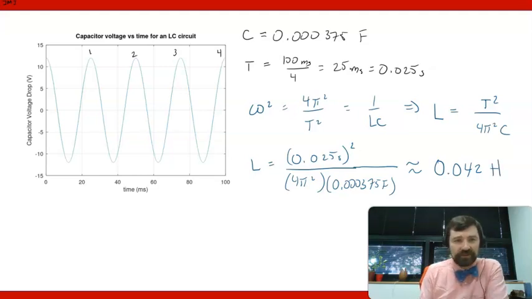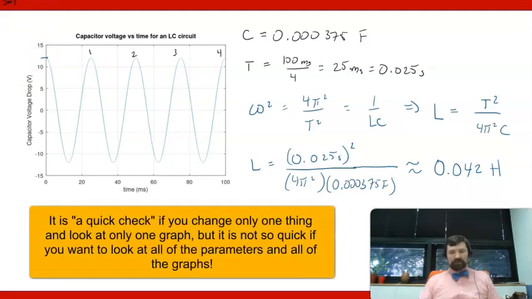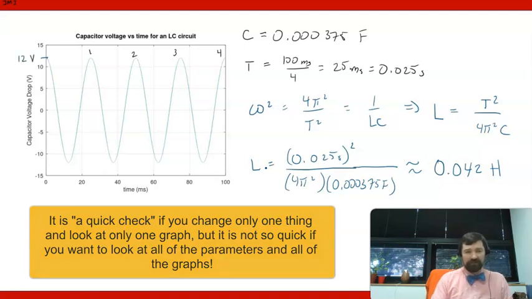Other thing that you can get off of this, by the way, is the initial value, which seems to be about 12 volts, initial value for voltage. And as a quick check of everything else here, this right here was 12 volts, our maximum.